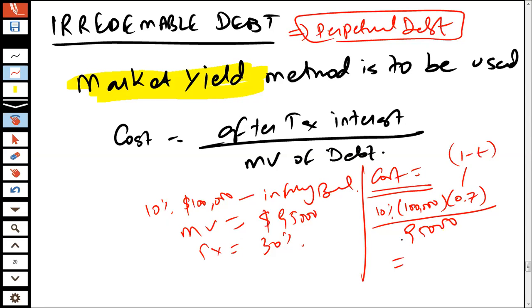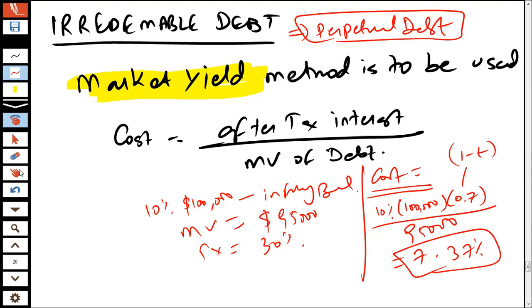So you'll end up getting the cost as 7.368%, or 7.37% rounded off.